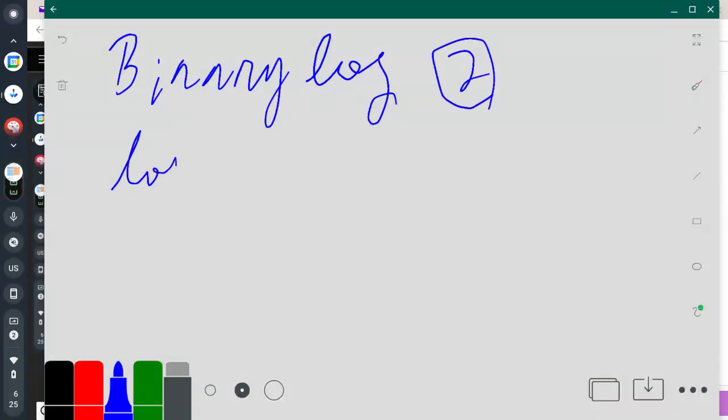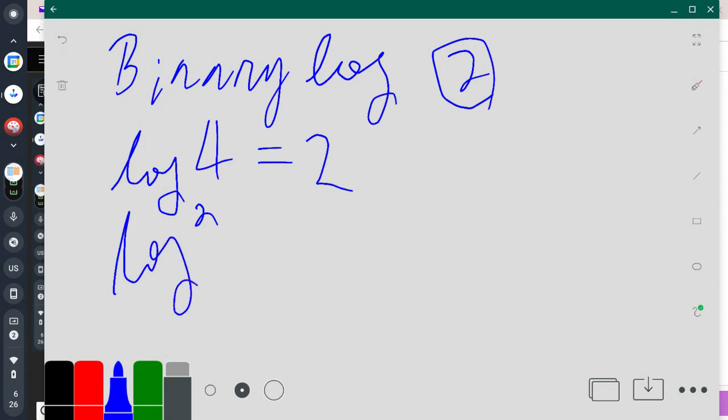So that means log of 4 to base 2, that's 2, right? Log of 8 to base 2 will be 3, and so on. That's binary log.